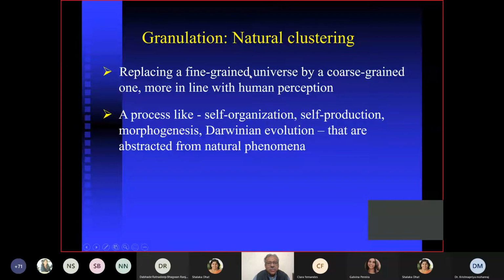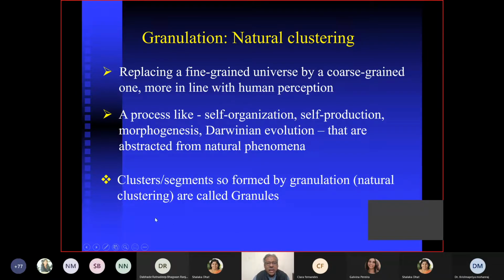It is a process like self-organization, self-production, morphogenesis, Darwinian evolution, abstracted from natural phenomena. With the help of granulation, you generate segments or clusters, which are called granules. So granulation is a process of formation and representation of granules.